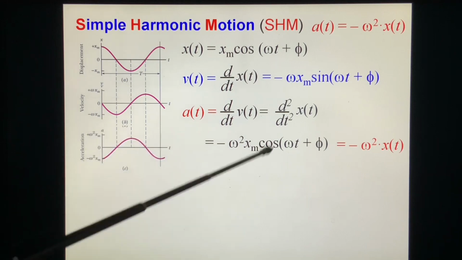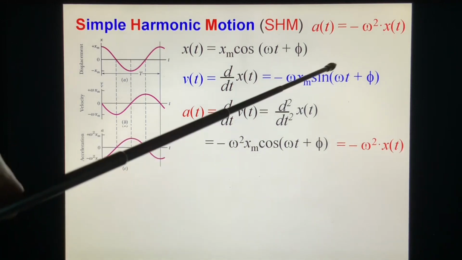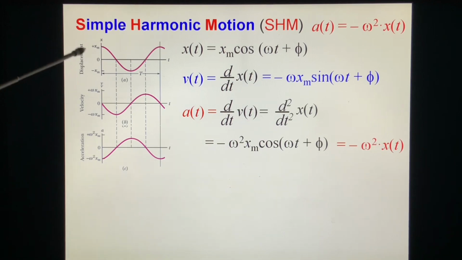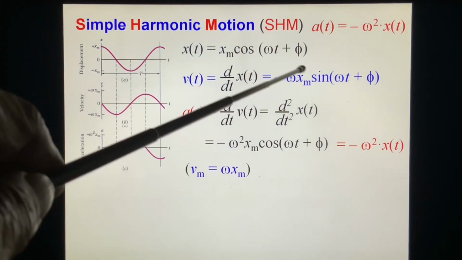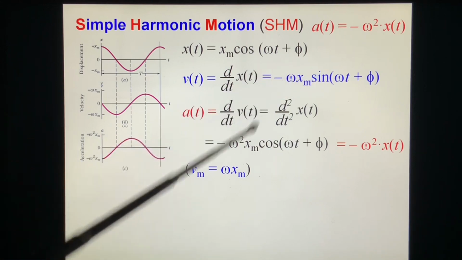Okay, we plot this one. This is cosine too, like that, and it has a minus, so reversed. Of course, the vertical scale is different. This is acceleration, this is velocity, this is displacement. Now we find the maximum v, which is omega x_m.